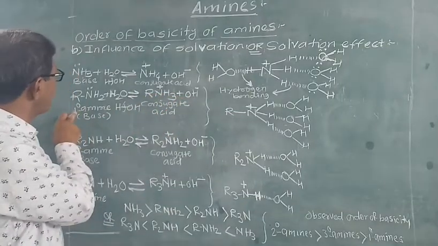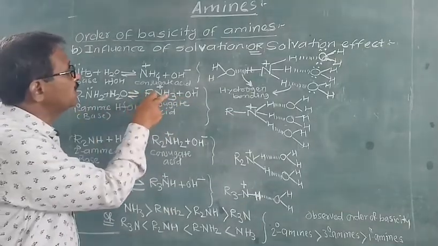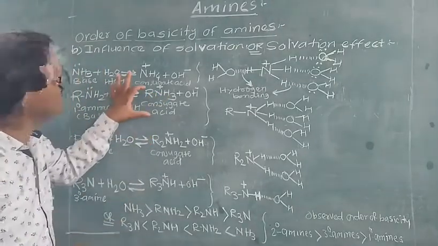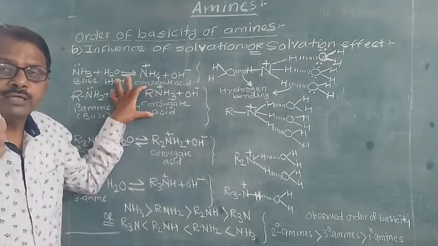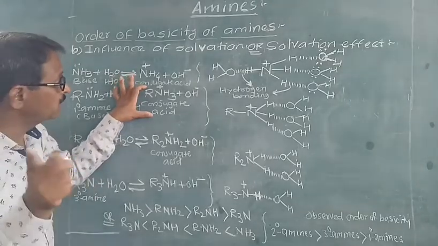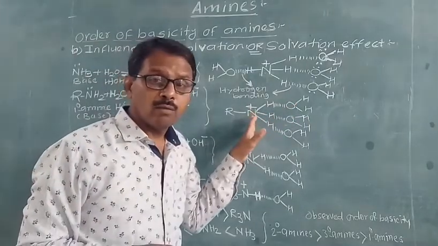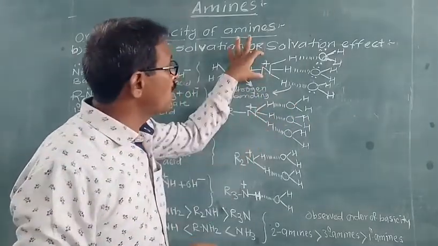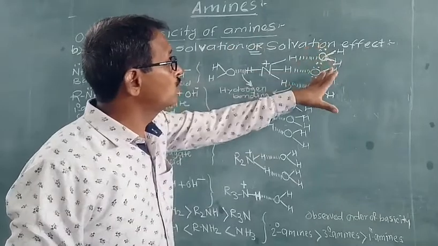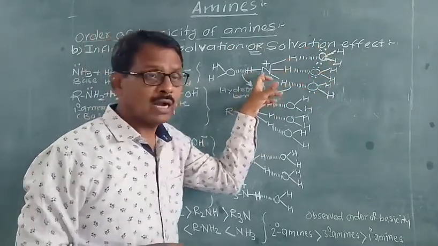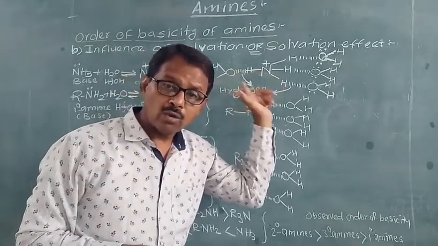It is a primary amine, it is a base, and RNH3+ is known as the conjugate acid. If this conjugate acid is more stable, then basicity is more, and that depends upon the number of water molecules attached to that molecule. In ammonia there are 4 water molecules attached to this nitrogen atom, because there are 4 hydrogen atoms attached to that nitrogen atom.